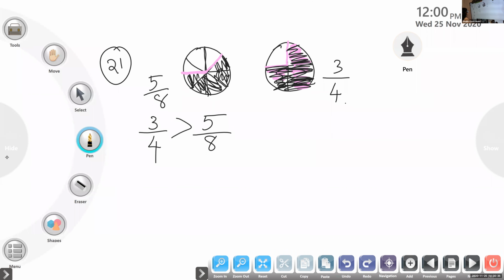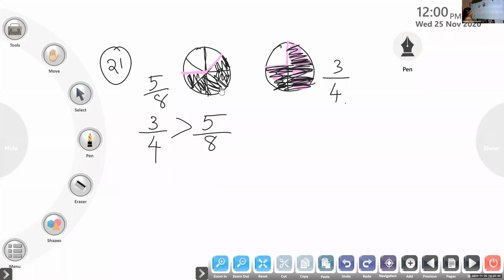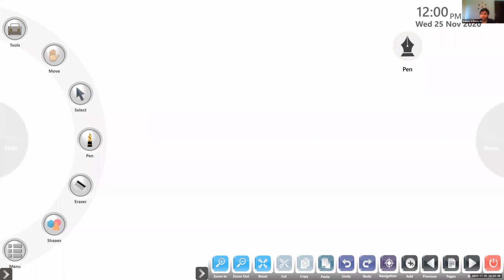Therefore, 3 by 4 is greater than 5 by 8. Okay. Now we are going to do question number 22. Ma'am, we should find the LCM. Together we will do. Okay, so we can do together, children.